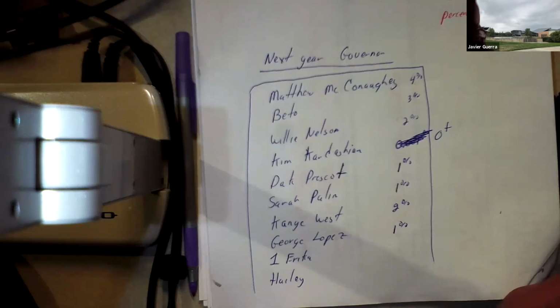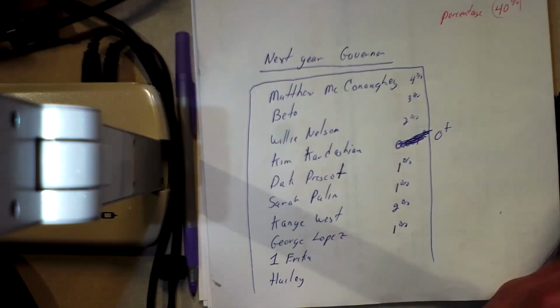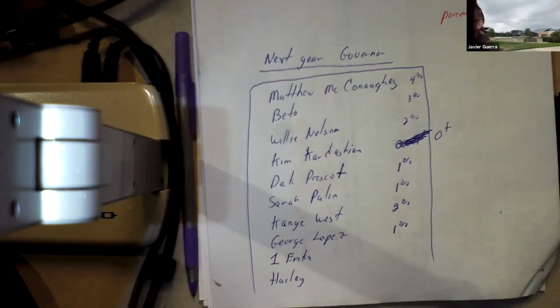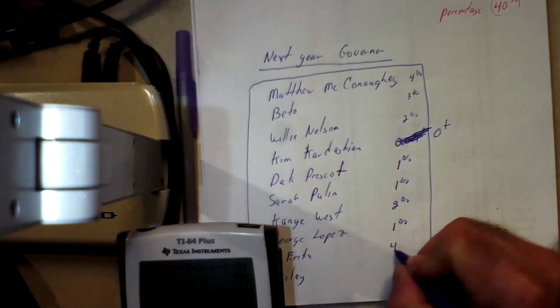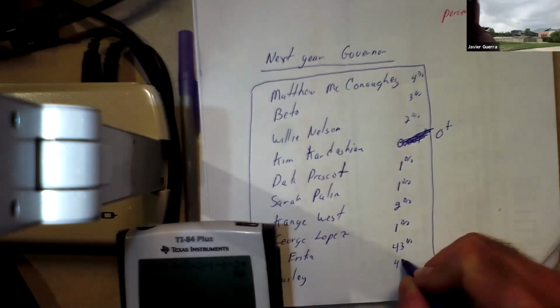Let's see who is going to win. Let me look at the records. All right. I'm looking at their criminal background check. Let's see. Oh no, that's not good. 43% each of them.